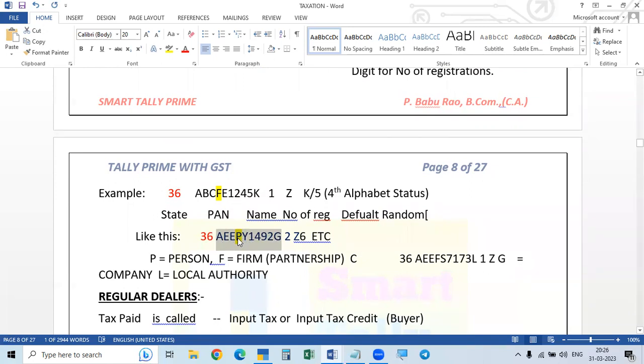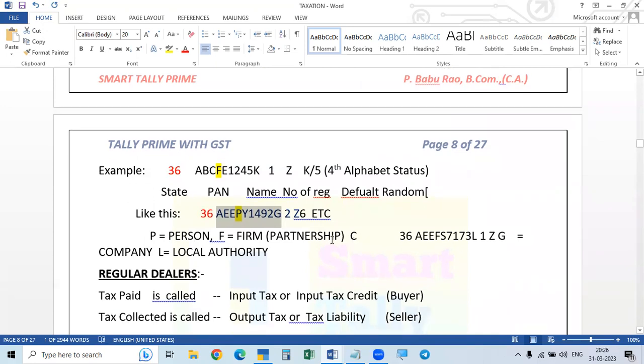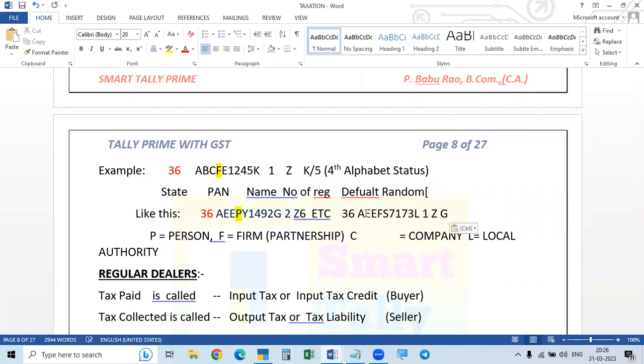The fourth one indicates the status of the person. P means person, individual. F means partnership, firm. C means company. L means local authority.